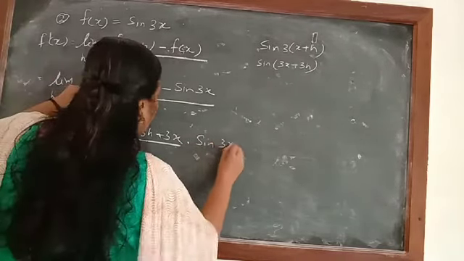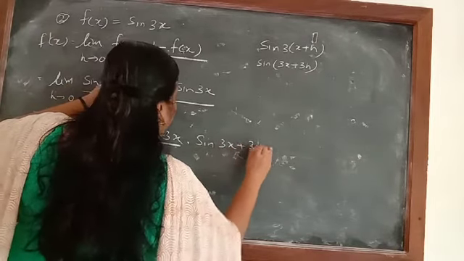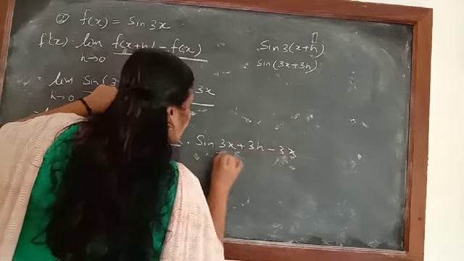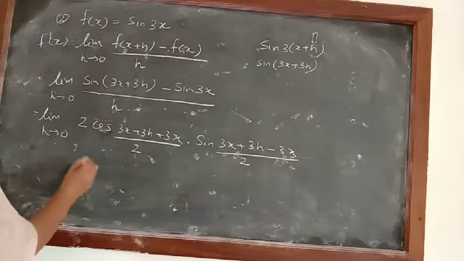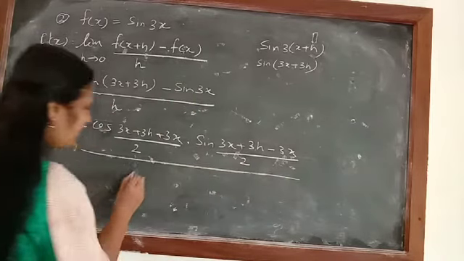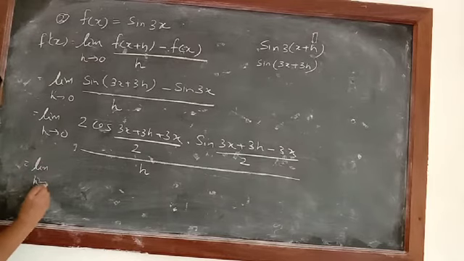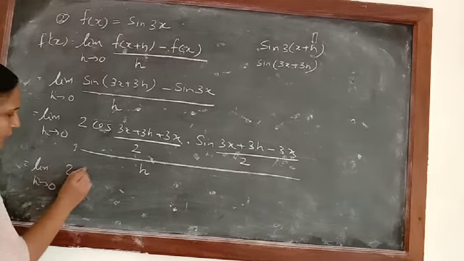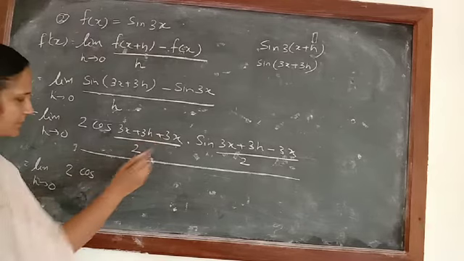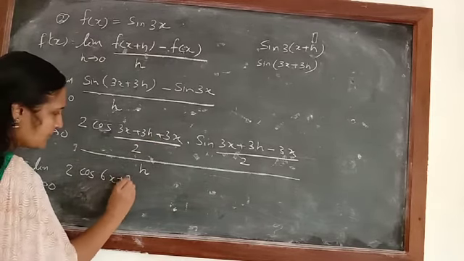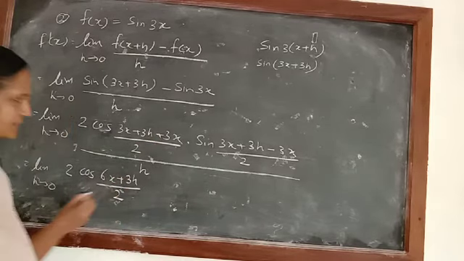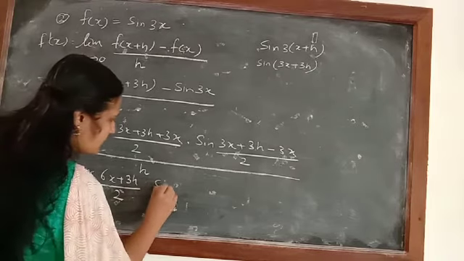Then we will get 3x plus 3h minus 3x, whole divided by 2, whole divided by h there. Now just to check what will come there. Limit h tends to 0, 2 cos 3x plus 3x will be equal to 6x plus 3h by 2, into sin.